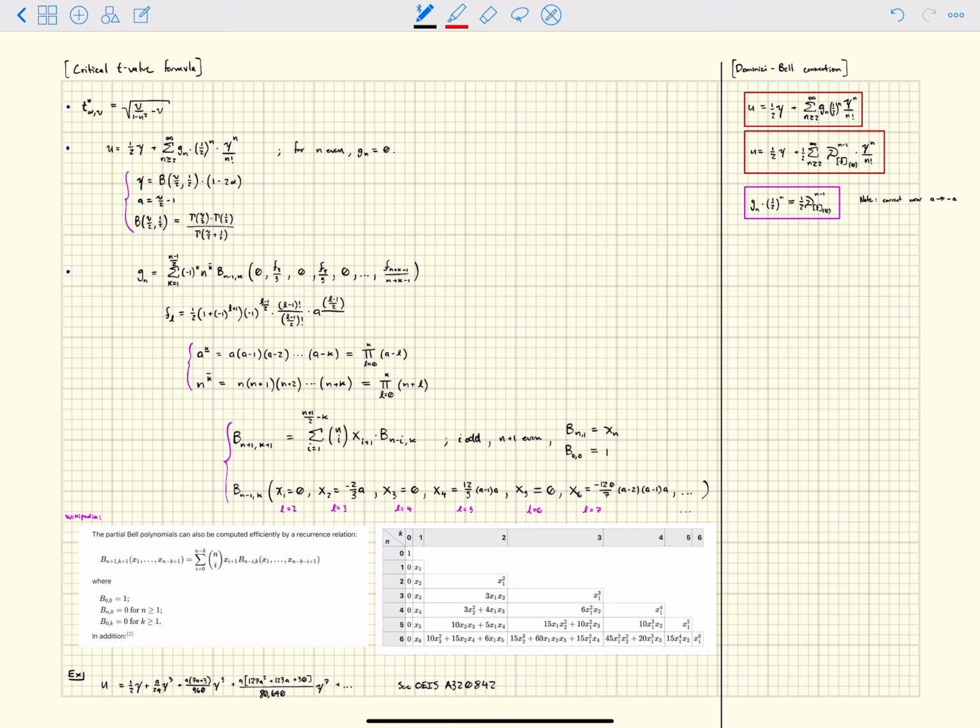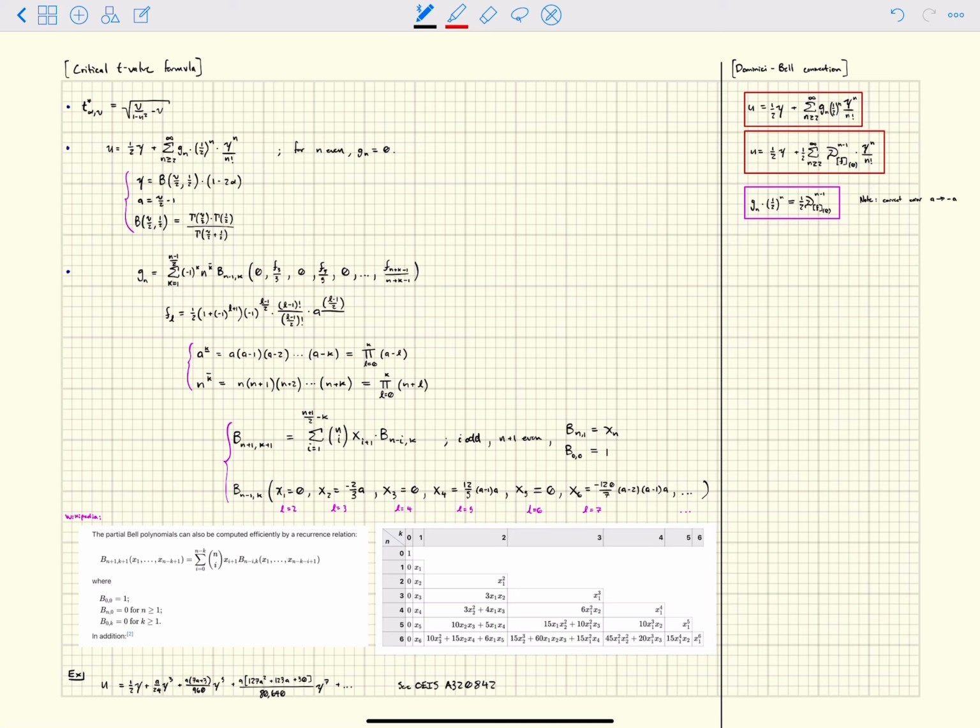These partial Bell polynomials are great in the sense that they can be computed efficiently via recurrence relation, and you can take that from Wikipedia. What's also interesting is that for these particular partial Bell polynomials, every other term is 0, so you only have to take them when i is odd and when n plus 1 is even.